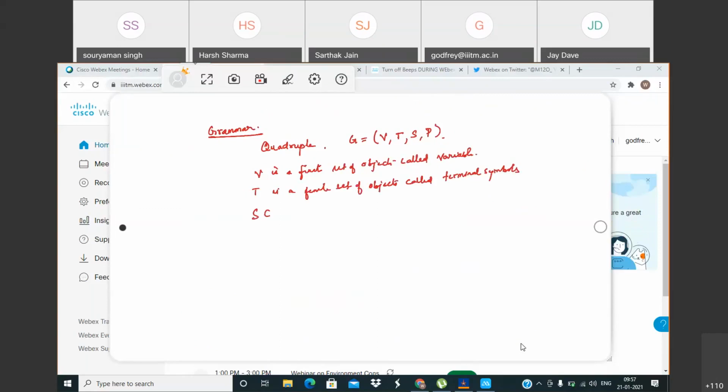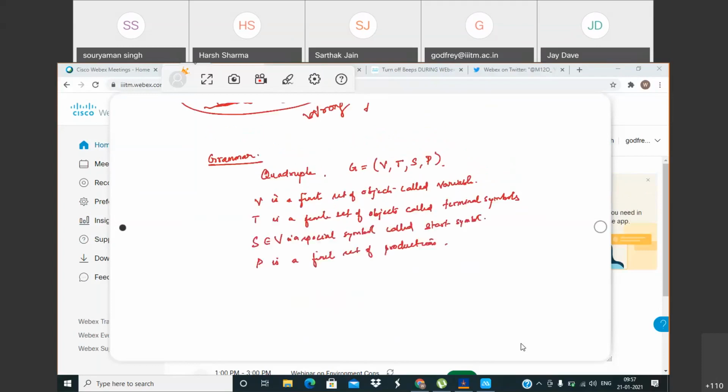S belongs to V and is a special symbol called the start symbol, and P is a finite set of productions. I think I will discuss more about this tomorrow.